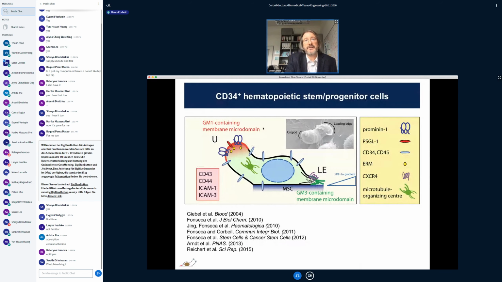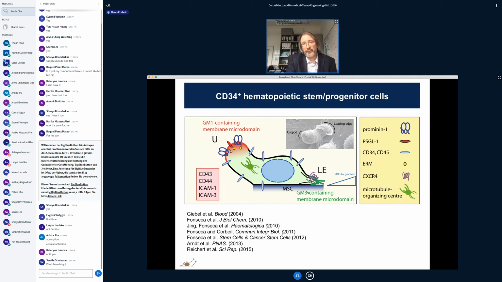If you remember, these migrating cells are highly elongated. You have a structure called the uropod, highly enriched in GM1, where CD133 is also found. This is very similar to the microvilli, which I just showed you a few seconds ago.